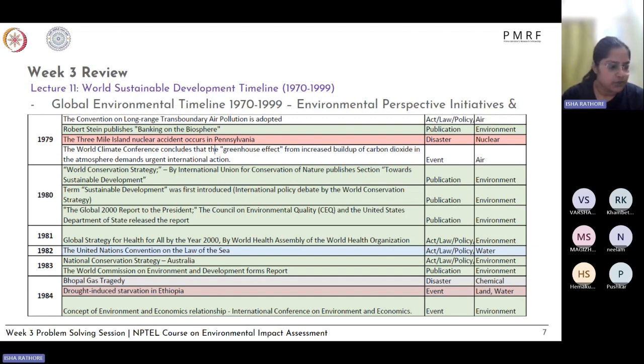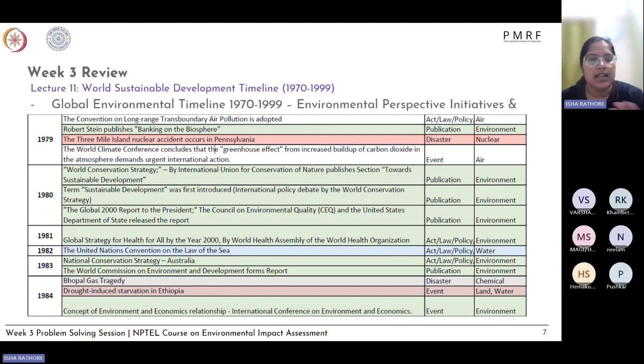So if you want to read more about them in detail, please go back to lecture 11 and lecture 12 for the sustainable development timeline. I will also share this timeline as well as some details on what each of these events meant and what was discussed in them. But from an examination point of view, whatever was discussed in the lectures, that is going to come.